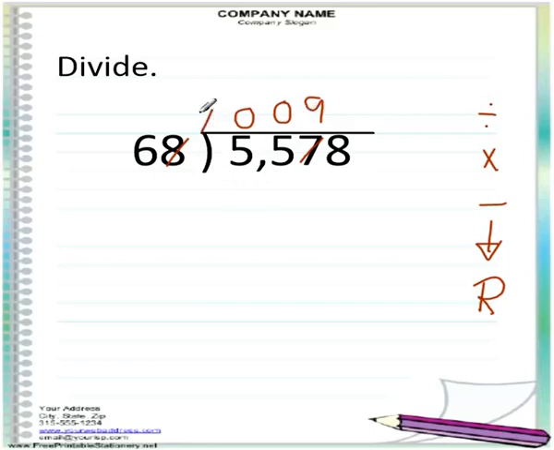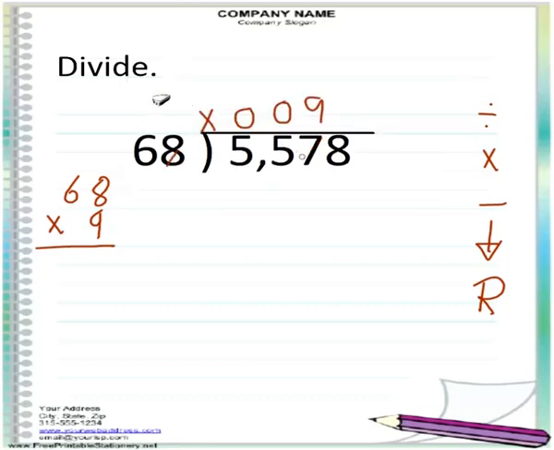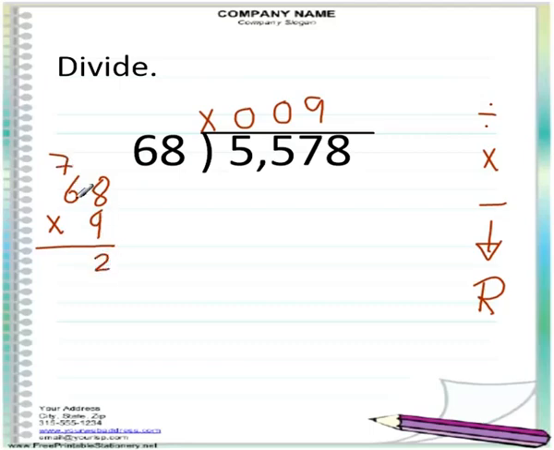But when I multiply, I will multiply by the whole number, not just by 6. So 68 times 9. 9 times 8 equals 72. 9 times 6 equals 54, plus 7 equals 61.